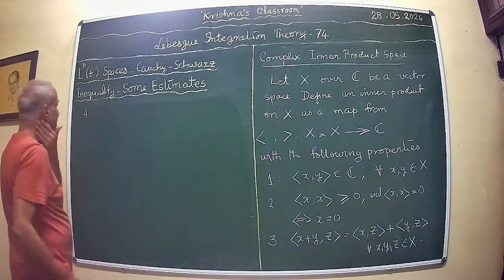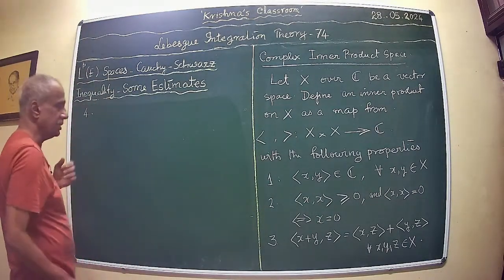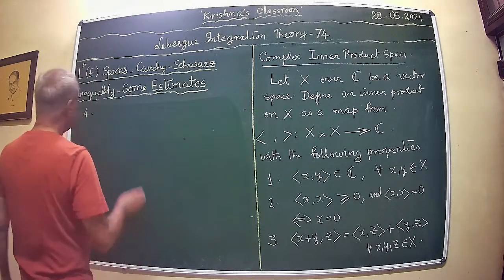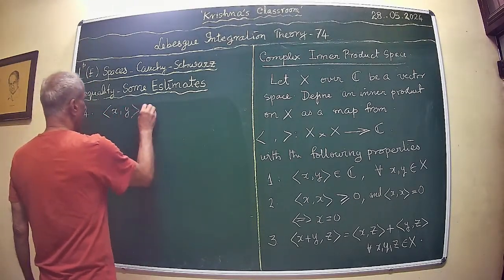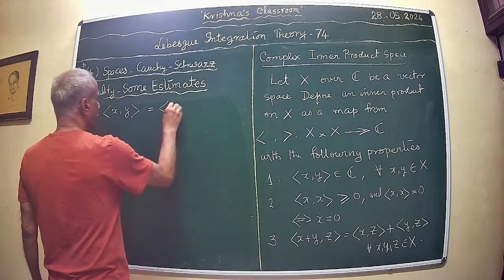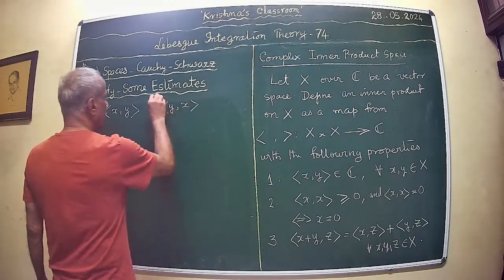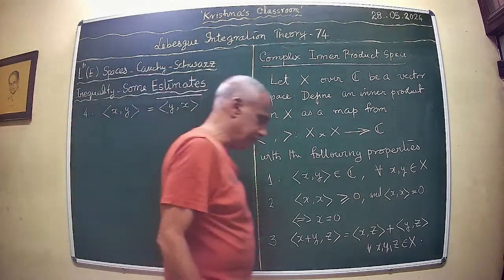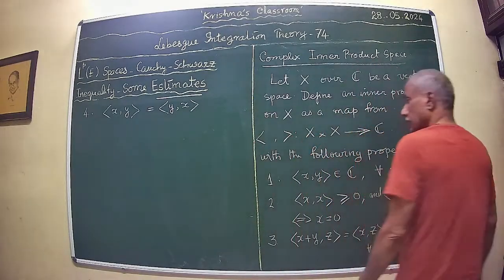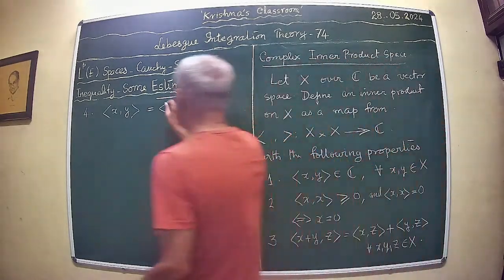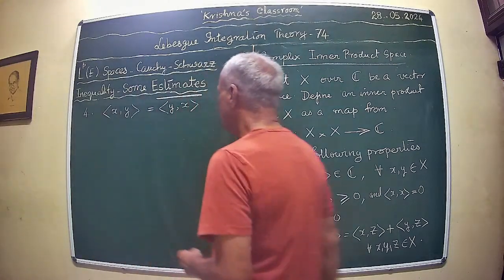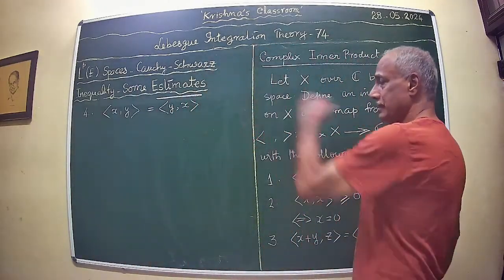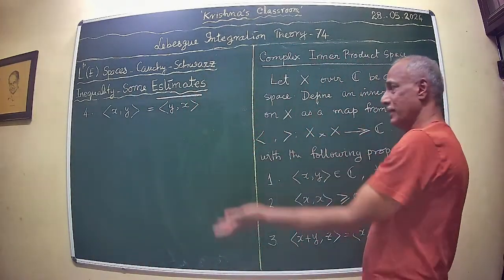For... this is the conjugate symmetry, namely x... This is where things depart from what we did for the real inner product space. The complex conjugation was not there, but you can see that essentially this is a generalization of what we have done there.